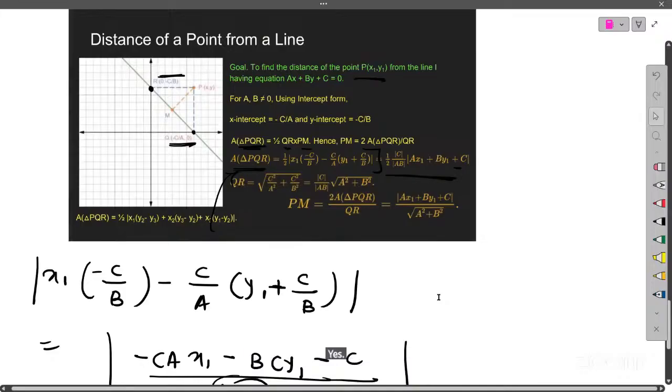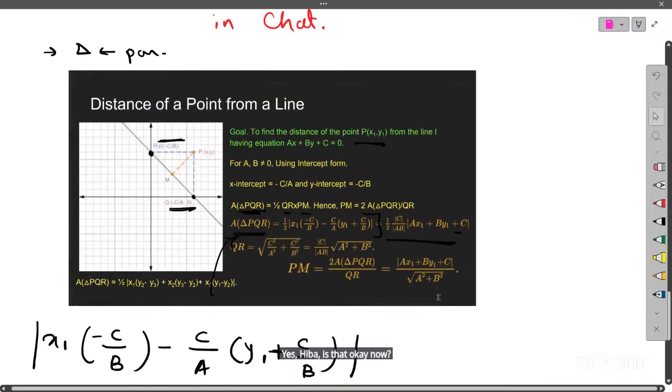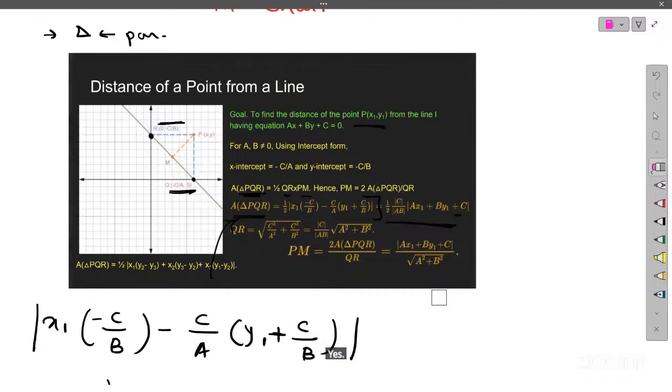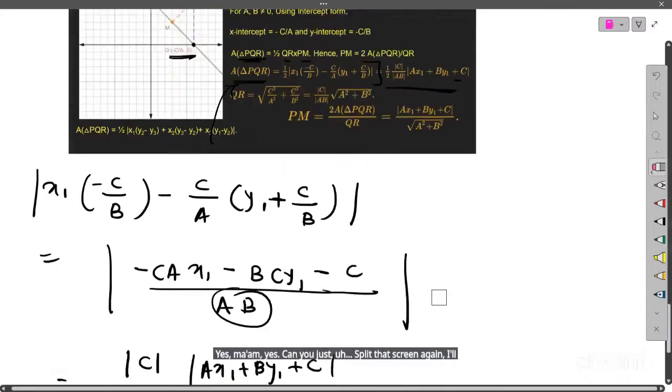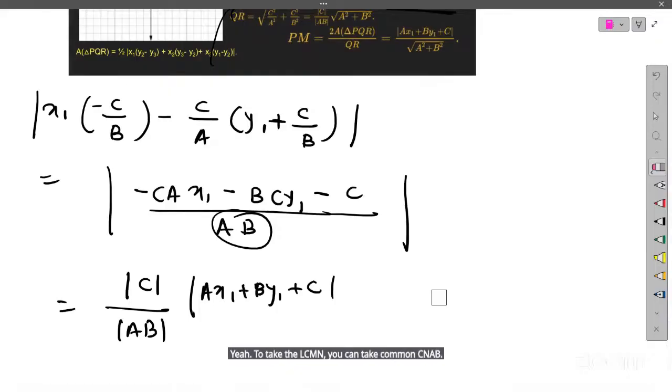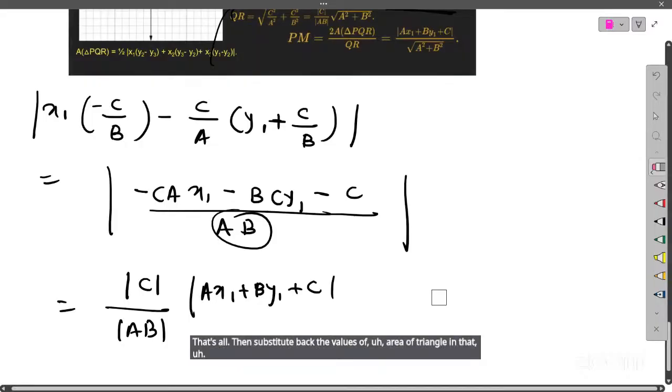Yes, Hiba, is that okay now? Yes, ma'am. Can you display that screen again? I'll just take a screenshot. Yeah, just take the LCM and you can take common C and AB. That's all. Then substitute back the value of the area of the triangle in that QR.